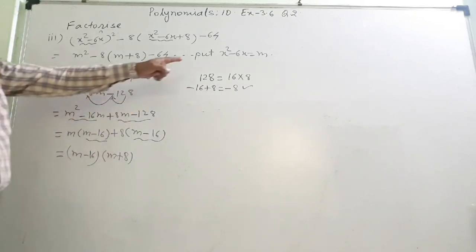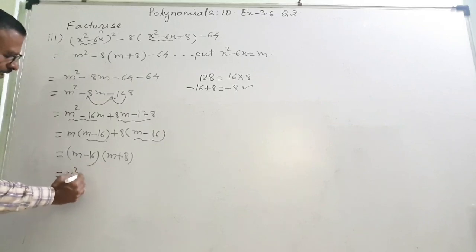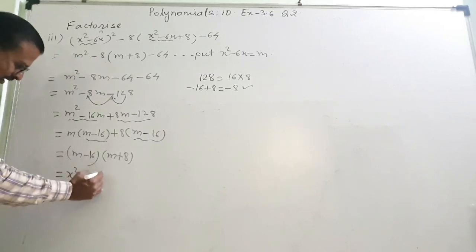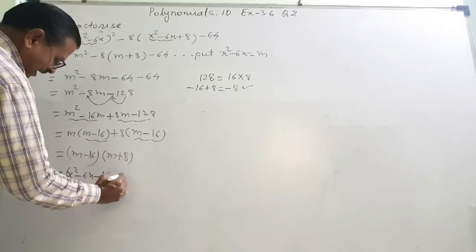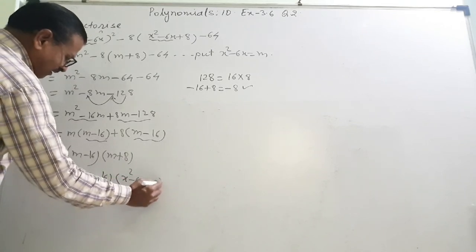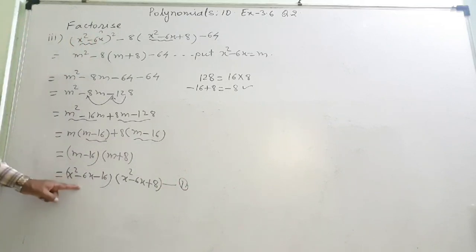M is x square minus 6x. So this is equal to x square minus 6x minus 16, then this is x square minus 6x plus 8. This is number 1. I will factorize this, and then I will put the value over here.